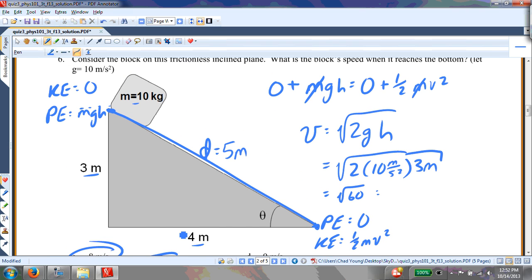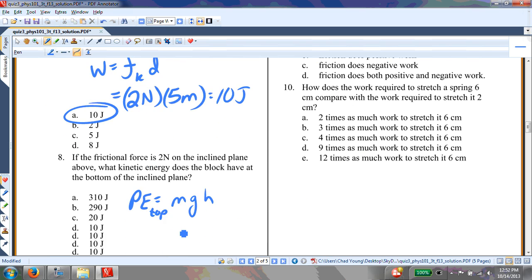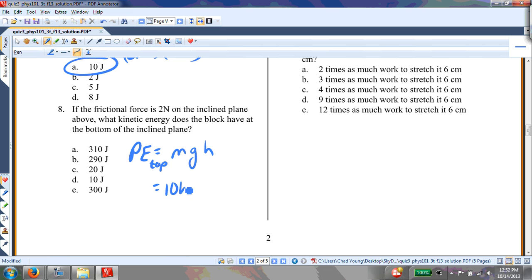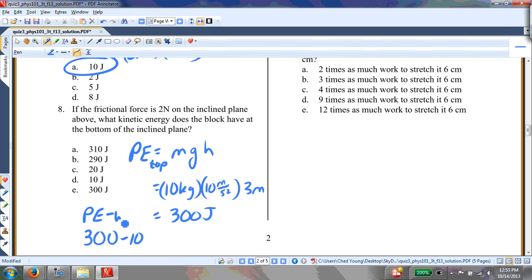The mass is 10 kilograms, h is 3 meters. 10 kilograms, 10 meters per second squared, 3 meters, that's 300 joules, and then I subtract from that 10 joules, because the potential energy minus the work done by the frictional force is equal to the kinetic energy at the bottom. That's 290 joules. That's B.